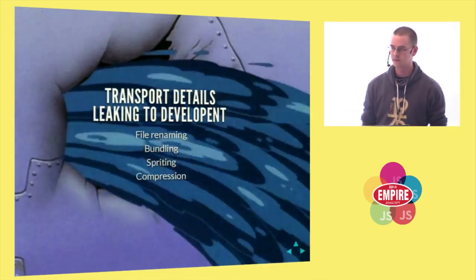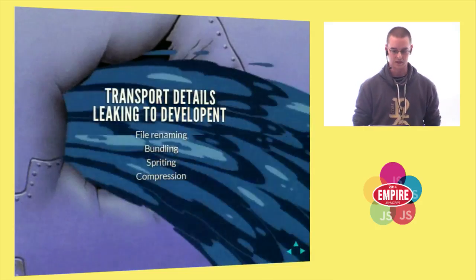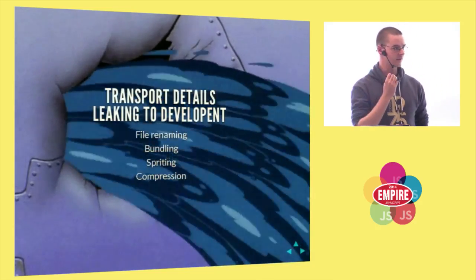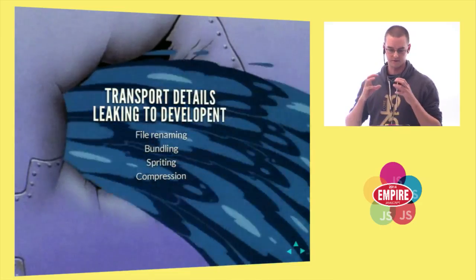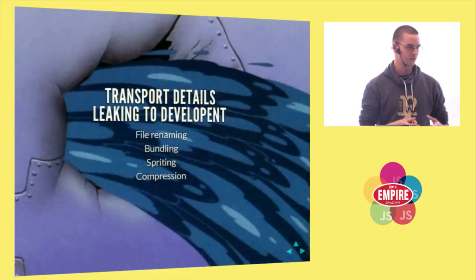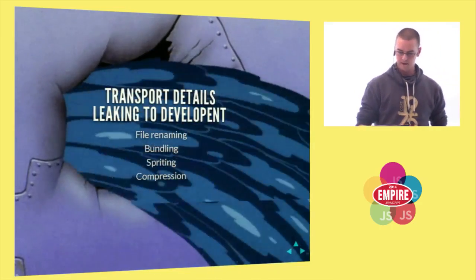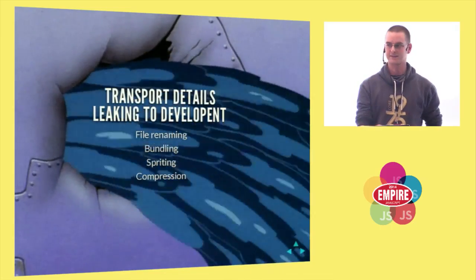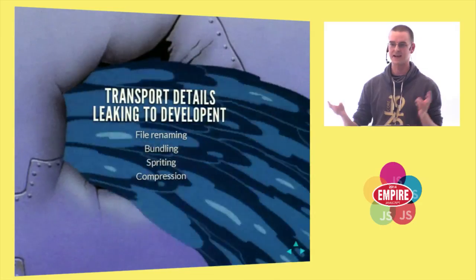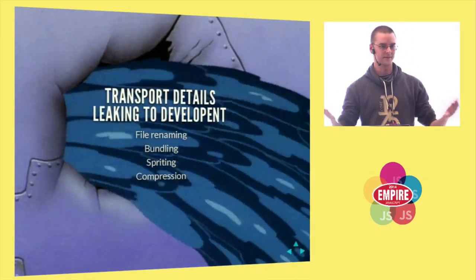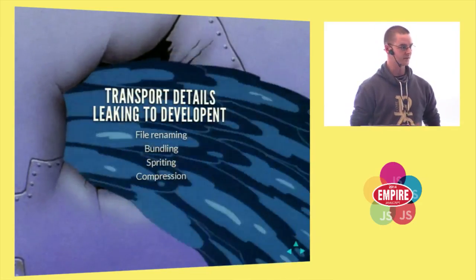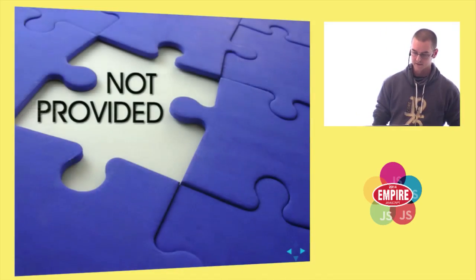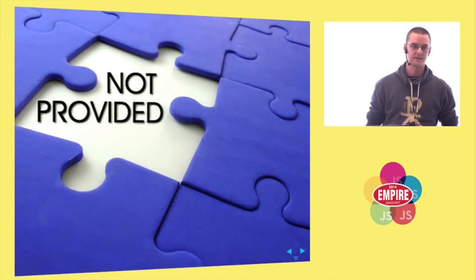So you have file renaming in development, you have bundling, you have spriting, you have compression, you have all of these things that you shouldn't have in order to get a sense of immediacy, in order to get an intuition about your files. And I'm picking specifically here on Sass because it actually by default does bundling if you're using the @include statement. Then you're basically bundling together all your CSS instead of doing individual includes where they're actually needed.